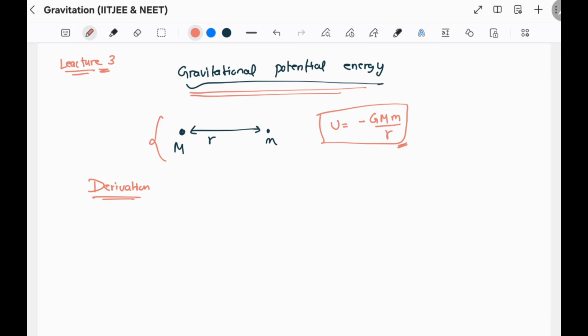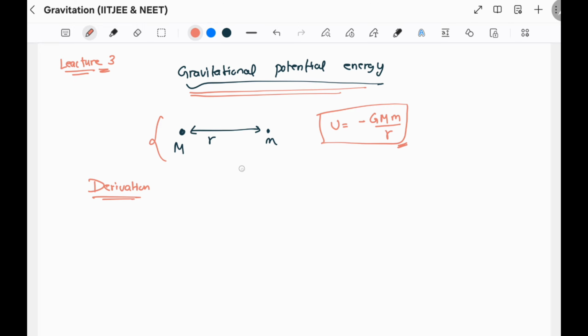For a different system, if I introduce a third mass also, you can write the gravitational potential energy between two masses, and then add these pairs separately. It is not a vector quantity, so you can simply add between these two, then these two, and then these two. So three masses, three combinations, so there will be three terms in the total potential energy of this system.